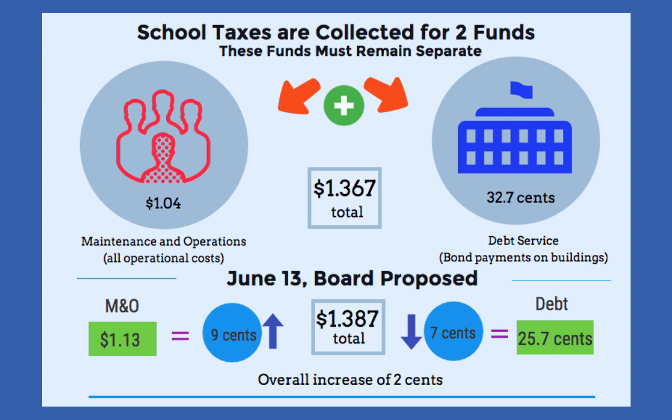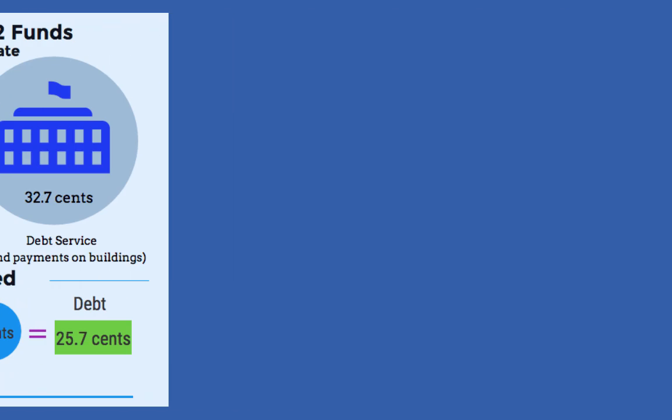Currently, the law allows the school board the authority to set the debt service tax rate at a rate necessary to make bond payments. But several years ago, the legislature took away the authority for the locally elected board to set the maintenance and operation tax rate above $1.04 without voter approval.